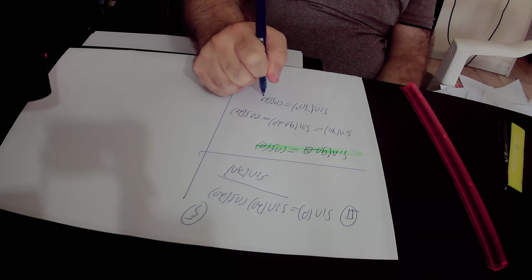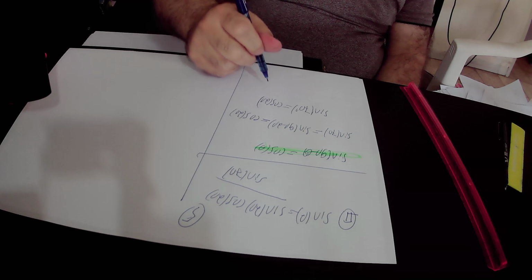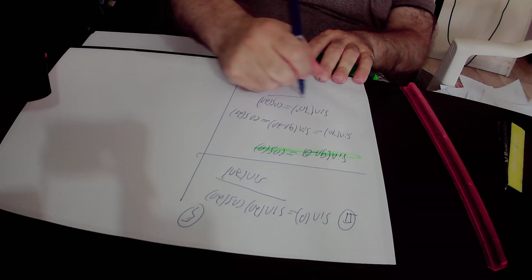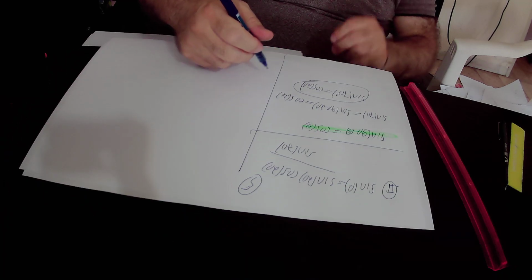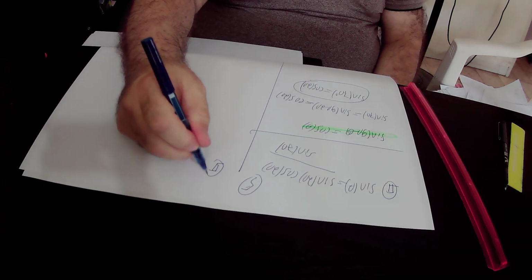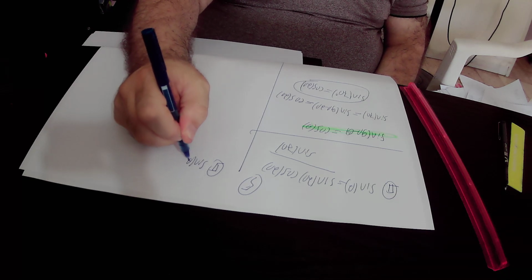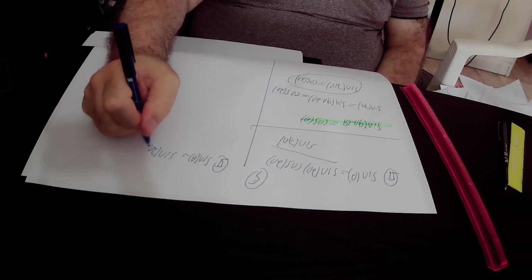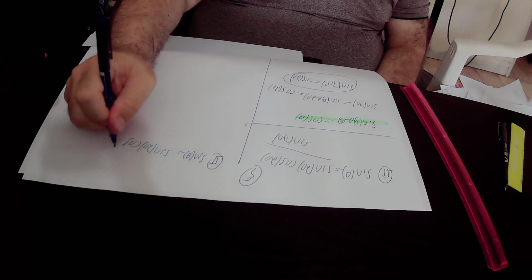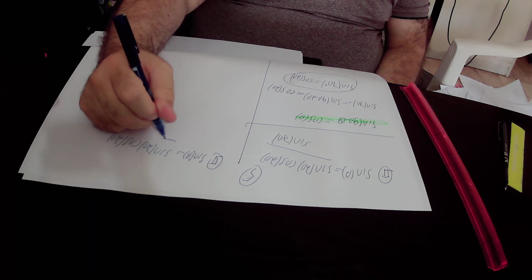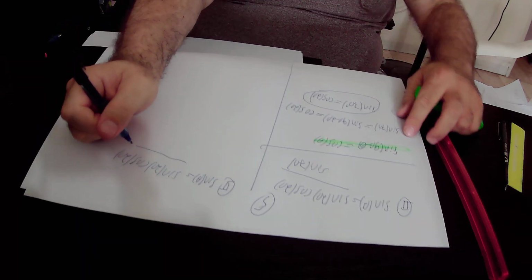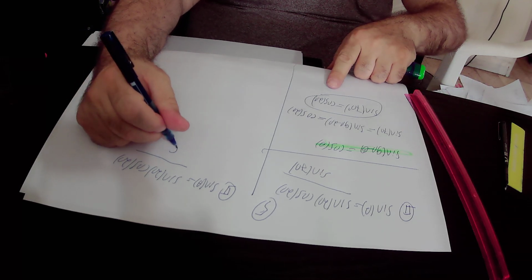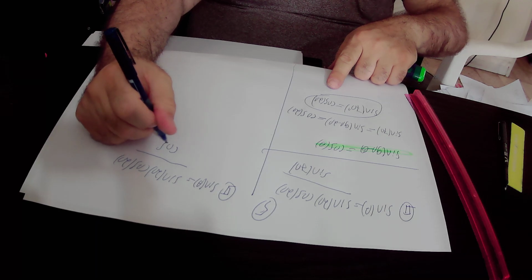Now we'll substitute sin 70 degrees by cos 20 degrees in equation number 2. And we get that according to equation number 2, sin theta is equal to sin 20 degrees times cos 20 degrees over sin 70 degrees, and we substitute sin 70 degrees by cos 20 degrees.